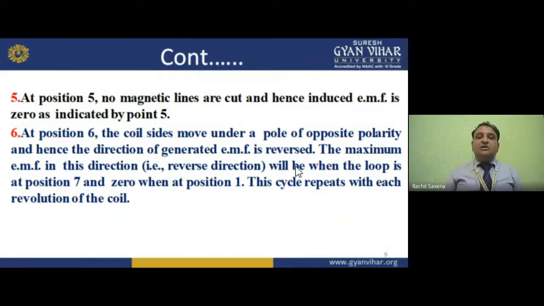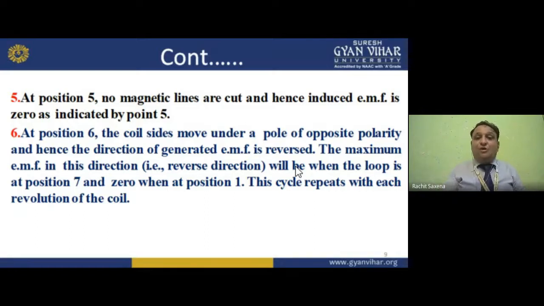The maximum EMF in this reverse direction will be when the loop is at position number 7, and 0 when at position number 1. This cycle repeats with each revolution of the coil. Each revolution means 360 degrees; half is 180 degrees, and one cycle is completed in 360 degrees, which we can say is 2 pi. So I hope you understand how it works.